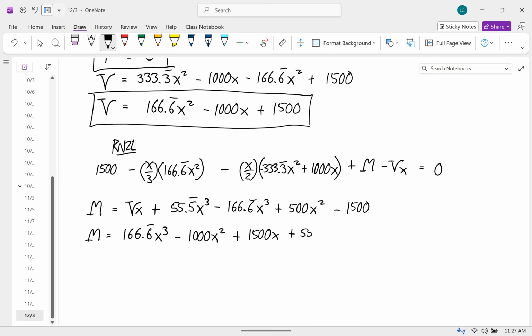plus 55.5 repeating x cubed minus 166.6 repeating x cubed plus 500 x squared minus 1500.